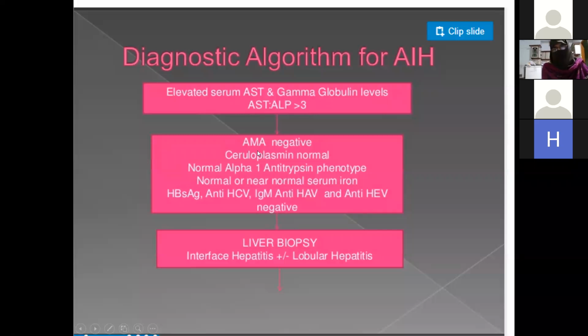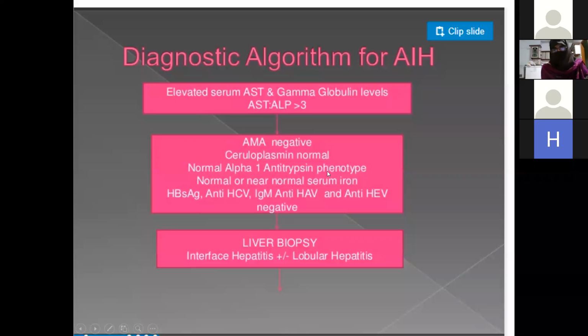Then in the serum, we have to exclude other viral hepatitis: hepatitis B surface antigen to exclude hepatitis B, anti-hepatitis C antibody to exclude hepatitis C, A, and similarly hepatitis E. So all other viral infections are excluded.